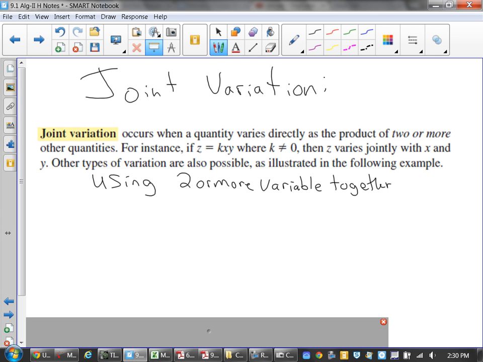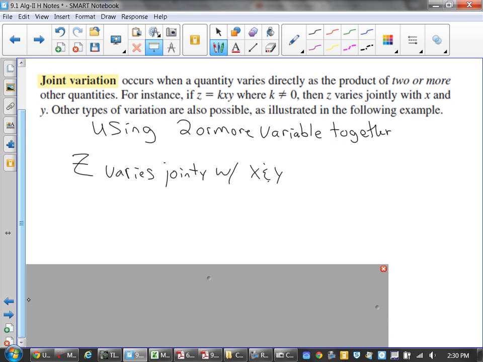Let me reword this. So z varies jointly with x and y. So if I want to say that z varies jointly with x and y, all that's saying is that z is going to equal, what are you forgetting?